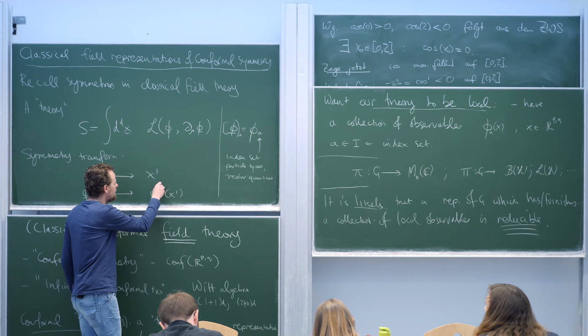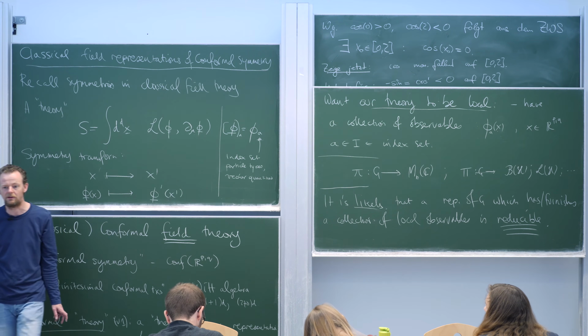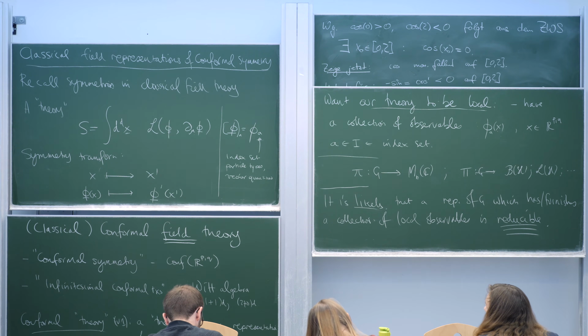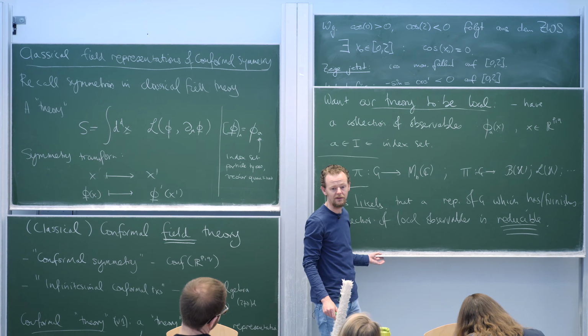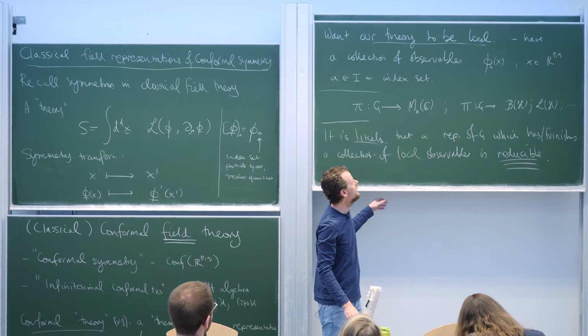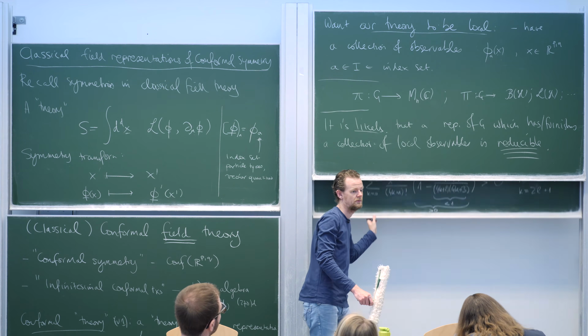But also, under the transformation, the field itself can be transformed. So that's what a symmetry transformation looks like. I'll draw a picture. Suppose our space-time is two-dimensional and we have a vector field, a two-dimensional vector everywhere.